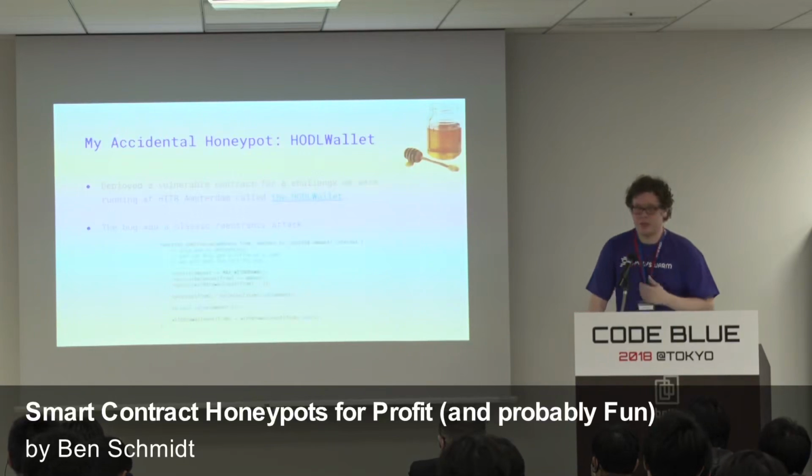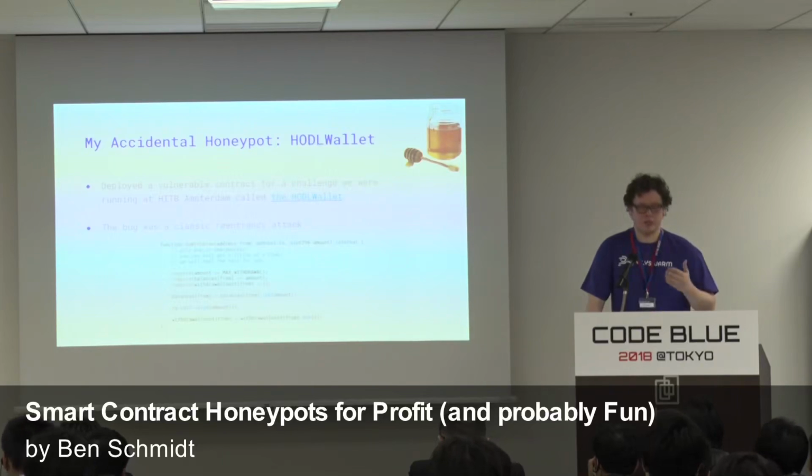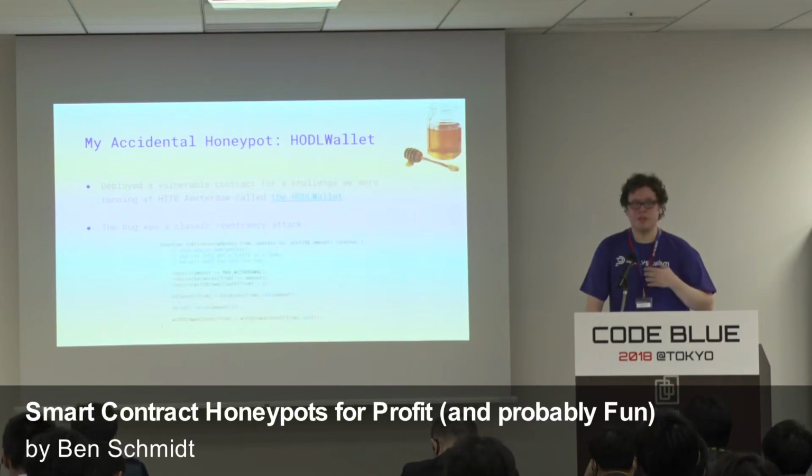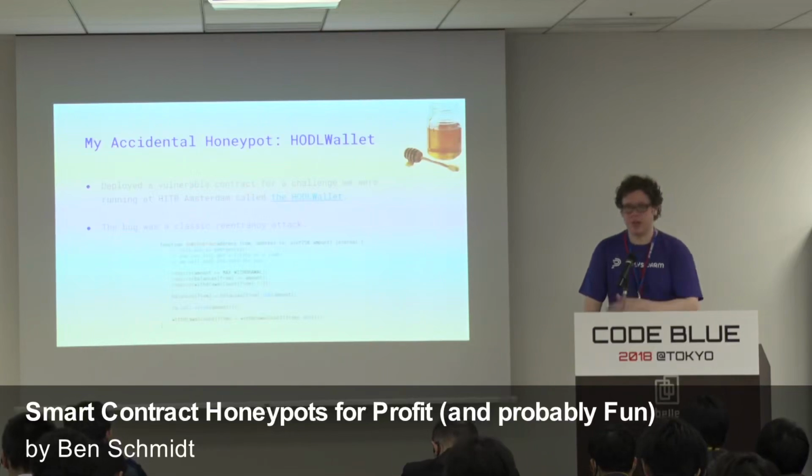I first got interested in these when I was running a challenge at Hack in the Box Amsterdam. It's very similar to the challenge that we're running today. I deployed a vulnerable contract for this challenge, called the HODL wallet. The bug was a very classic reentrancy attack, similar to the DAO hack. The difference is that the account balance was updated prior to calling into the other contract.